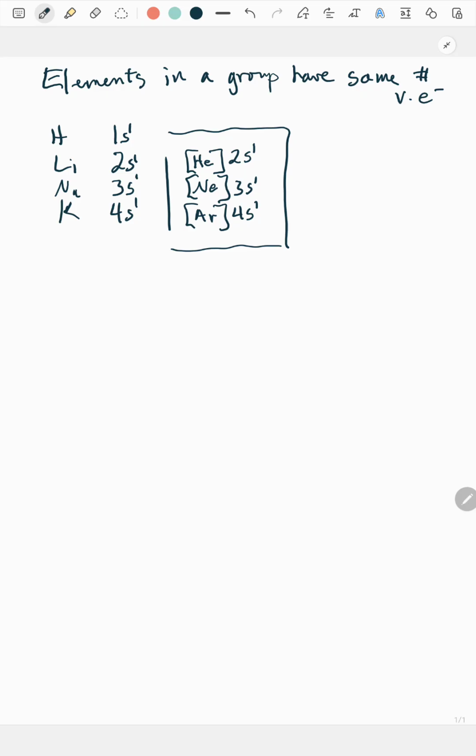It's important because the number of valence electrons gives chemical properties. The reason why elements in the same group have similar chemical properties is because they have the same number of valence electrons.